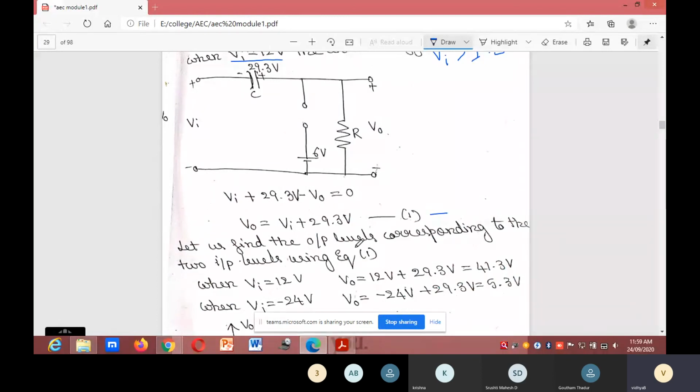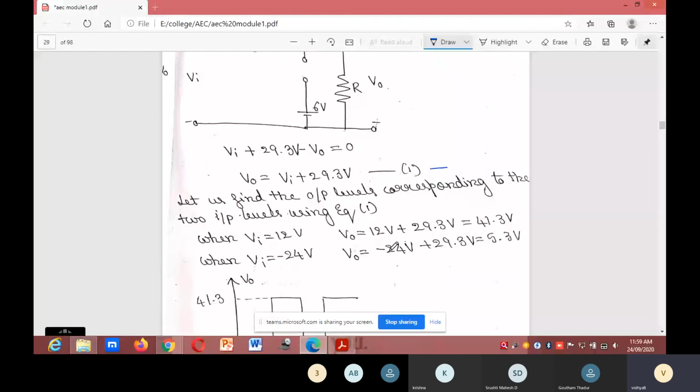Let us find the output levels corresponding to the two input levels using equation 1. When Vi is equal to 12 volts, the output is equal to 41.3 volts.